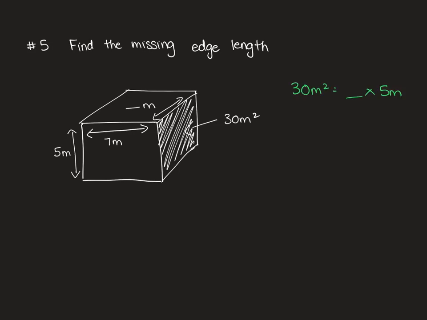So if we know that 30 meters squared equals something times 5 meters, how could we figure out what the something is? We're going to divide both sides by 5. So if we have 30 meters squared divided by 5 meters, then 30 divided by 5 is 6 meters equals our blank. So 6 is our answer for this one.